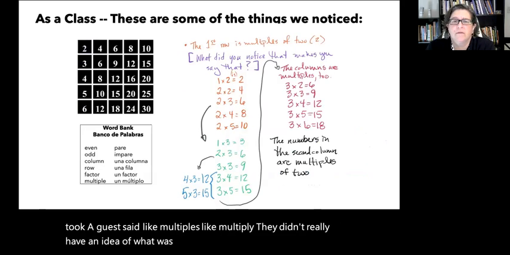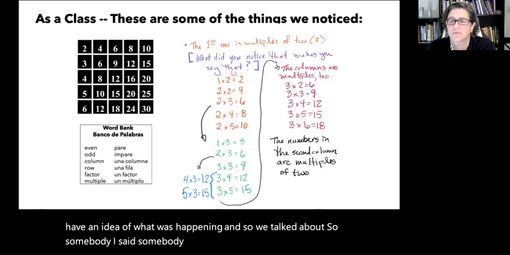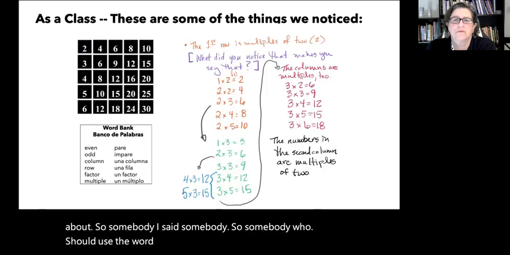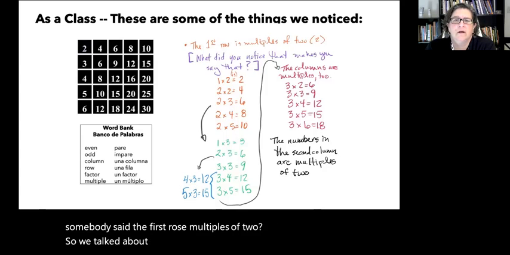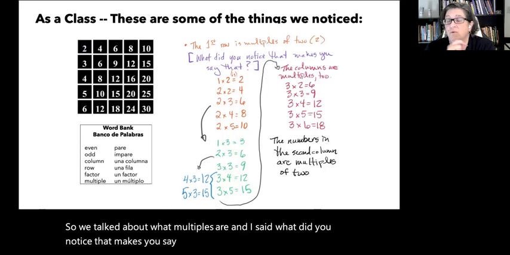So for somebody who did use the word multiple, I asked, what's a way that you use multiple? Somebody said the first row is multiples of 2. So we talked about what multiples are, and I said, what did you notice that makes you say that? That's a really key question, because this student made a conjecture, right?